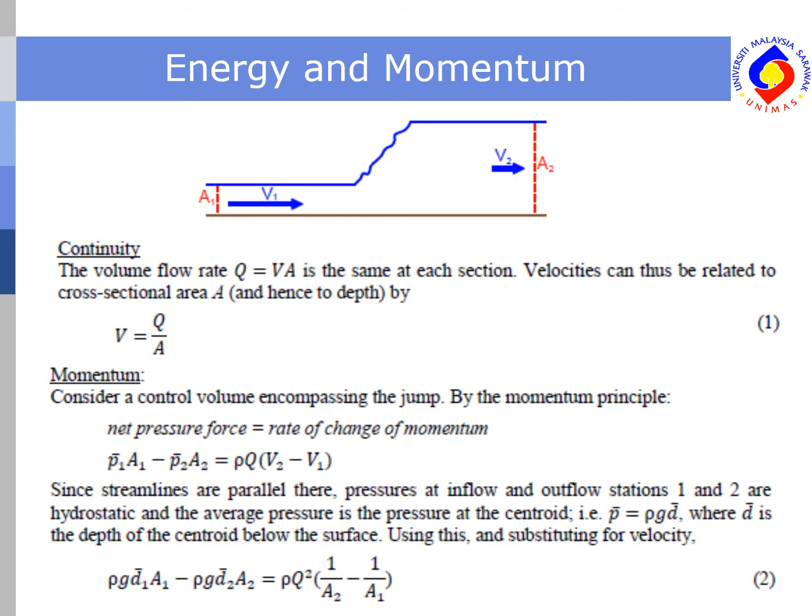In other words, the pressure at section 1 multiplied by the area at section 1, minus the pressure at section 2 multiplied by the area at section 2, will be equal to the density multiplied by Q multiplied by velocity at section 2 minus velocity at section 1. From this, we can simplify it to become the form in equation 2.